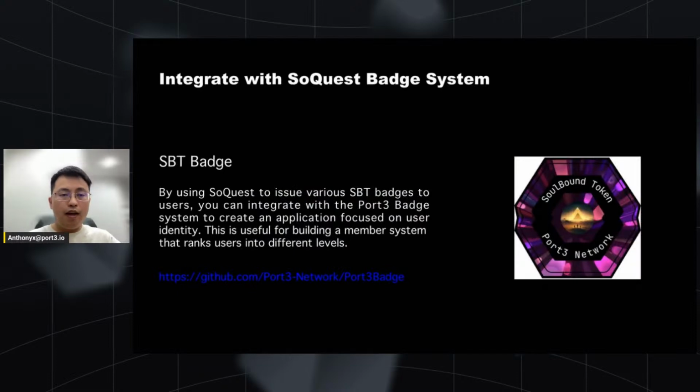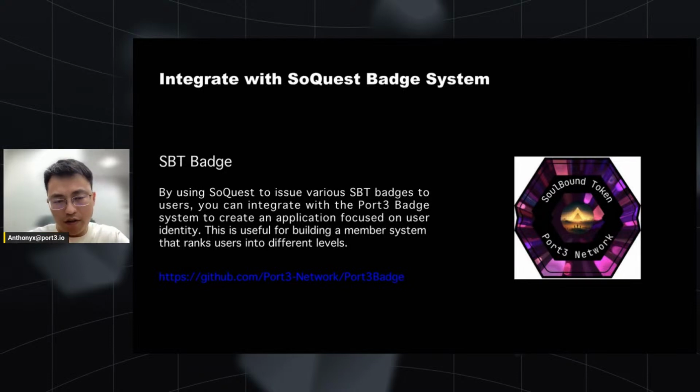And we also have the Soulbound token badge system, and we also open sourced our contracts. By using SoQuest you can issue various Soulbound tokens to users for different levels. For example, the onboard level for followers, holders, or OG.